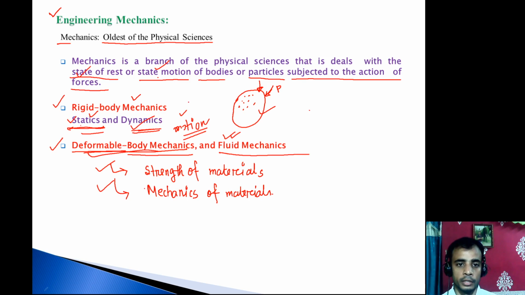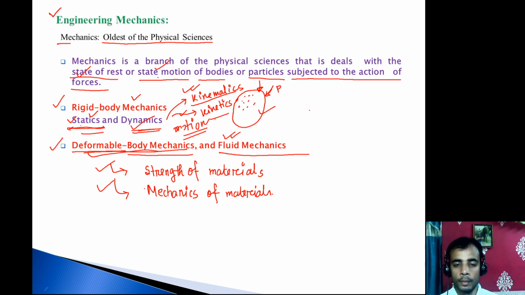One thing I want to mention is that in dynamics you have two parts: one is kinematics, and the other is kinetics. In kinematics we deal with the velocity and acceleration of the body without considering the forces.